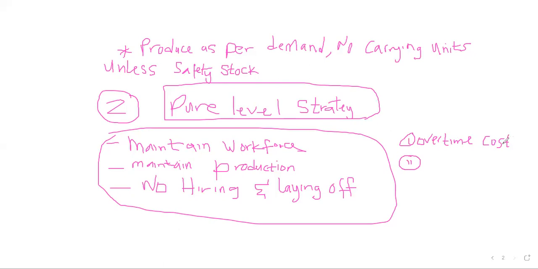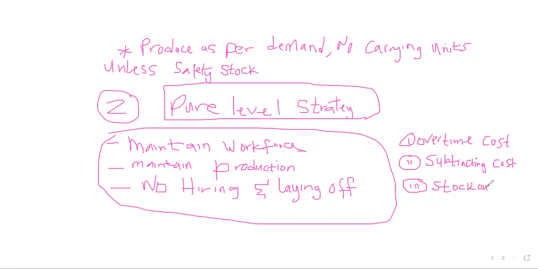If this is not okay, because it may be expensive, you may subcontract, and you incur the subcontracting cost. If this is also not okay, you go for option 3, where you just tell customers that you don't have stock, so you incur the stock out cost.